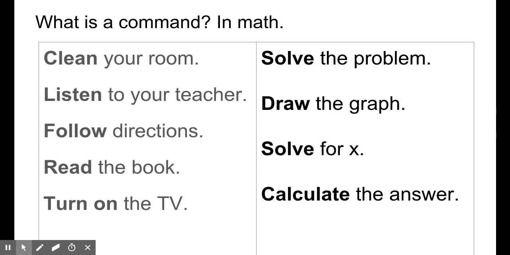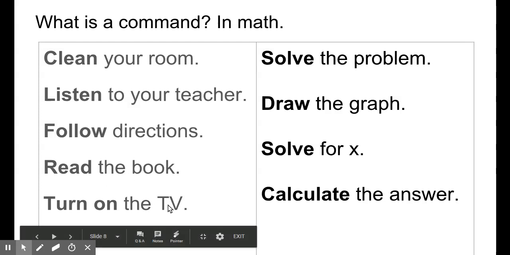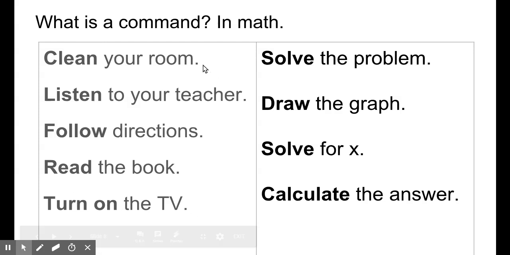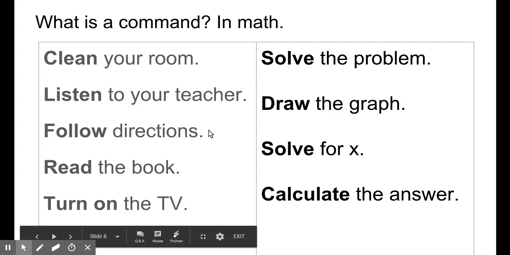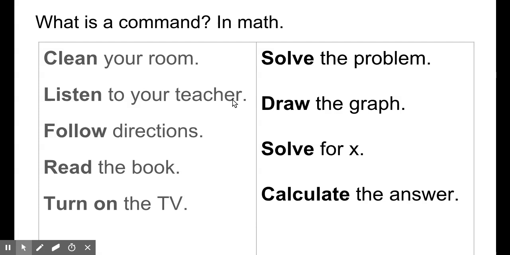For example, clean your room, listen to your teacher, follow directions, read the book, turn on the TV. Those are examples of commands. Clean, listen, follow, read, and turn on are verbs, and they end with periods. So those are commands that you usually hear from either your parents or your teacher.